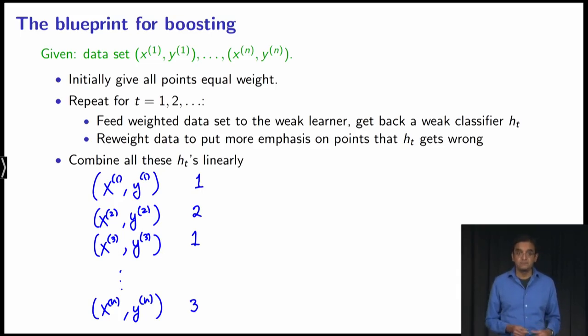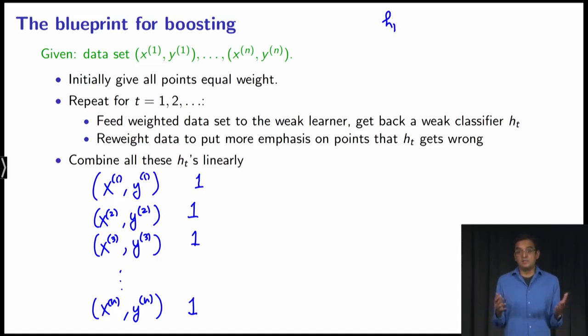Okay, so here's how boosting works. Initially, we give all the points the same weight. We say they all have weight 1. And then we feed this data set to the weak learner. It thinks about things for a little while, and then it gives us back some weak classifier h sub 1.